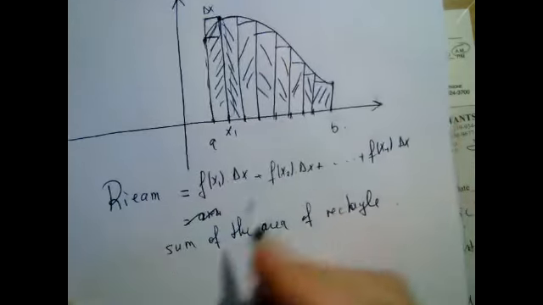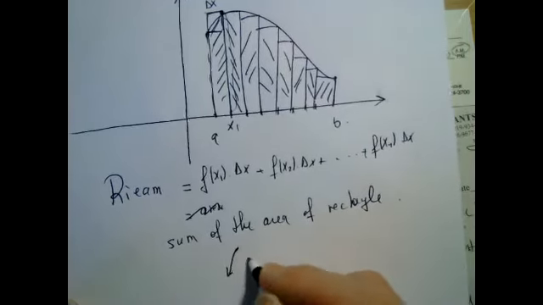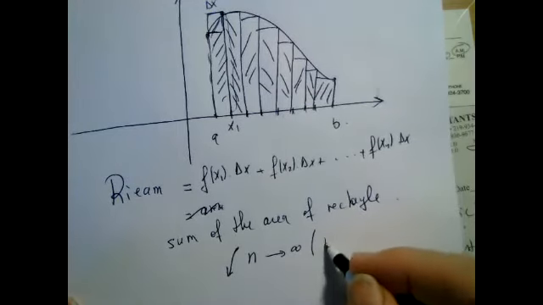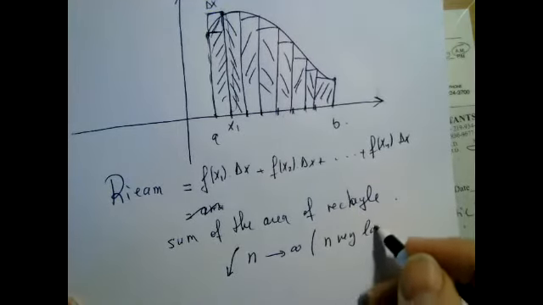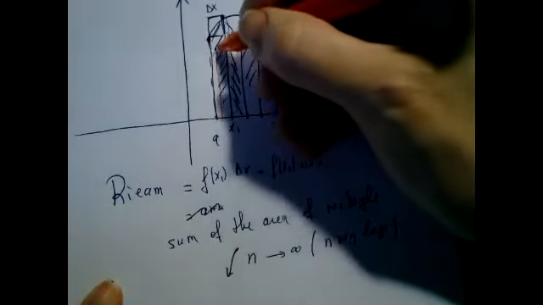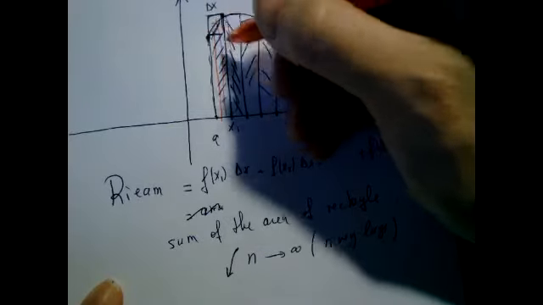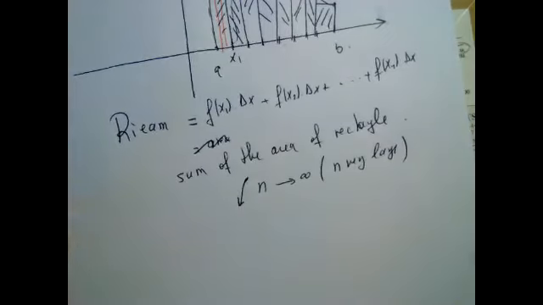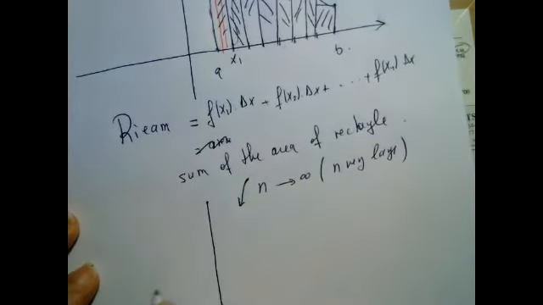Now, what is the definite integral? When n goes to infinity, it means n is very large, which is when I take more and more subdivisions. I take more subdivision and more subdivision and more subdivision, and then what does this Riemann sum start giving me?